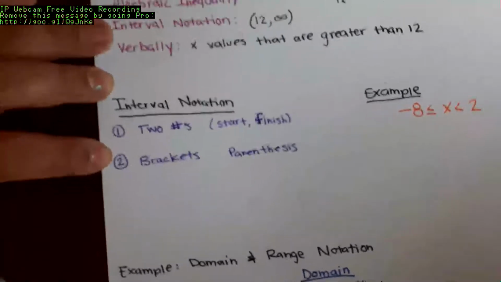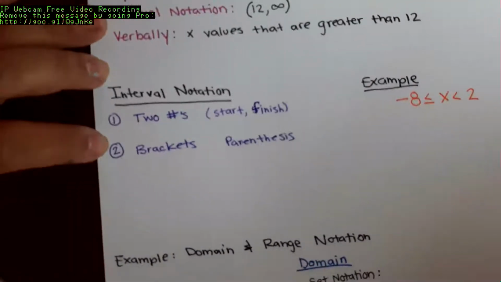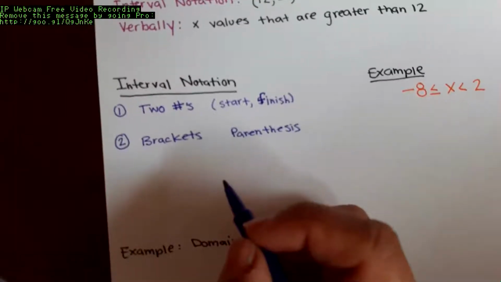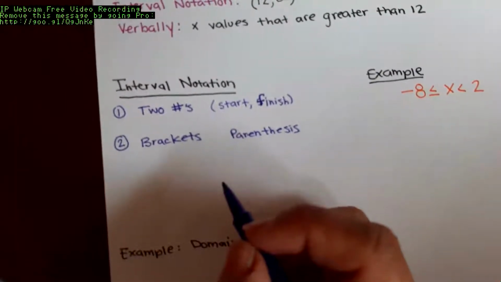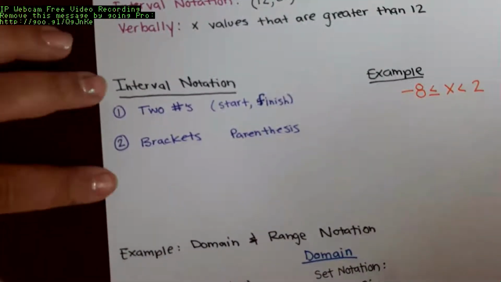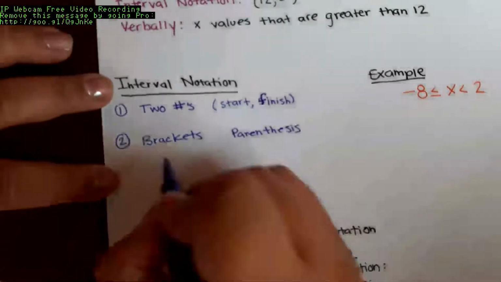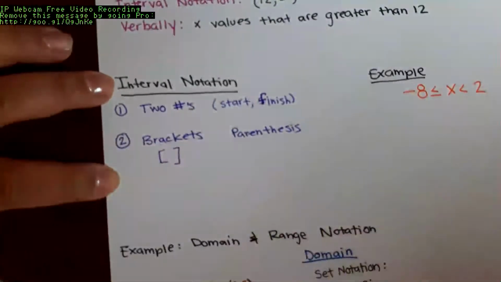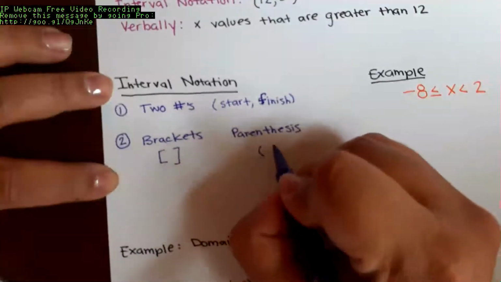Okay. So let's just recap a little bit about what brackets and parentheses means. Sorry about that movement on the camera. Okay, so for brackets, I'm going to be using, these are my brackets, and my parentheses.